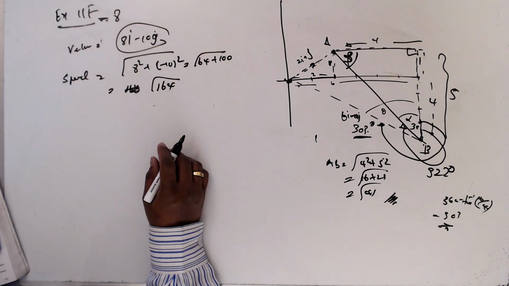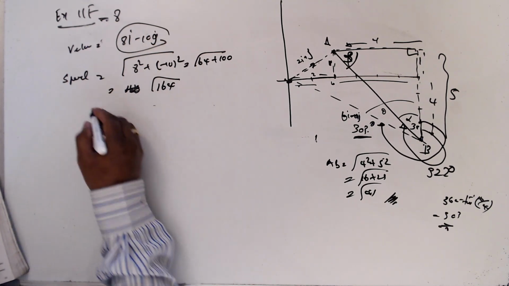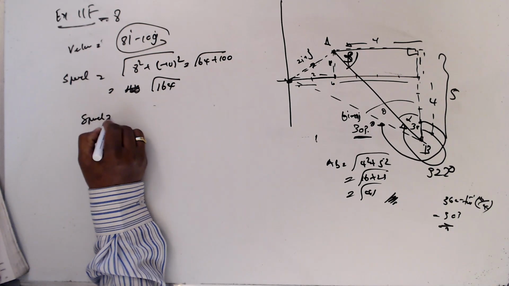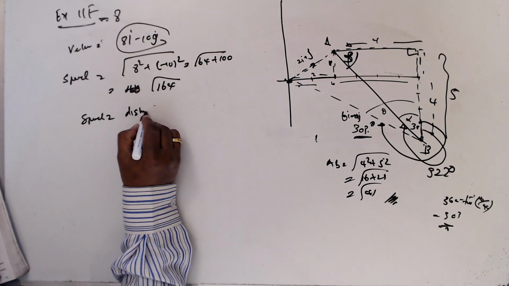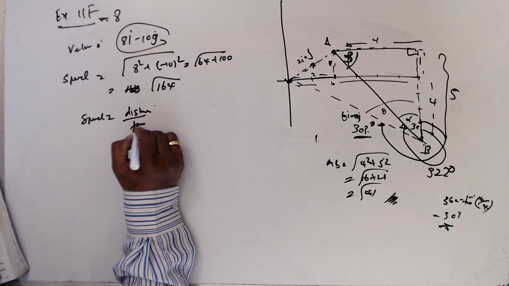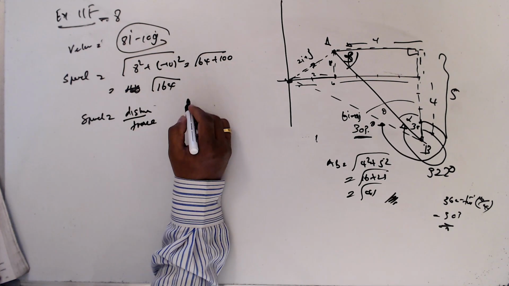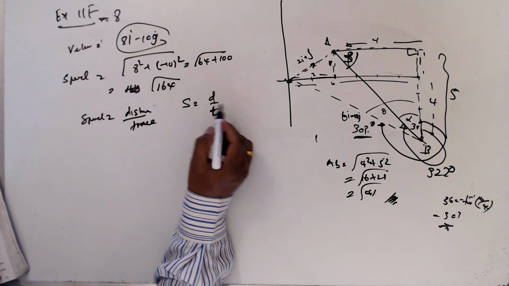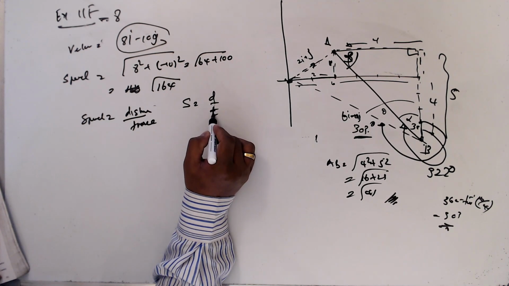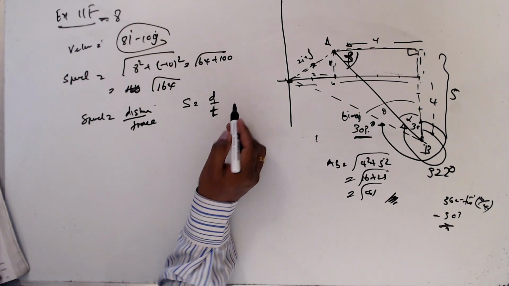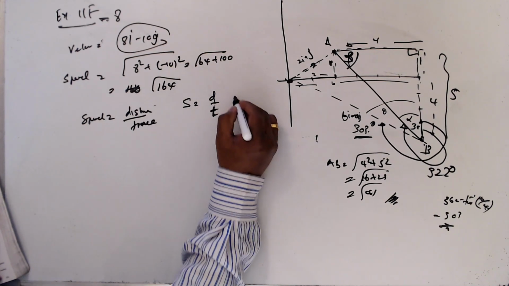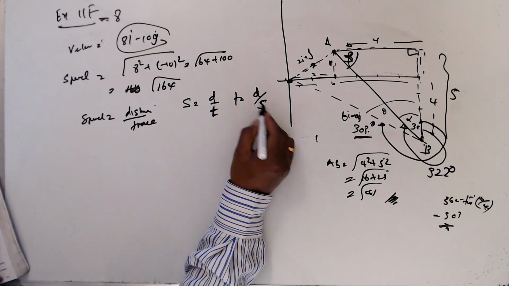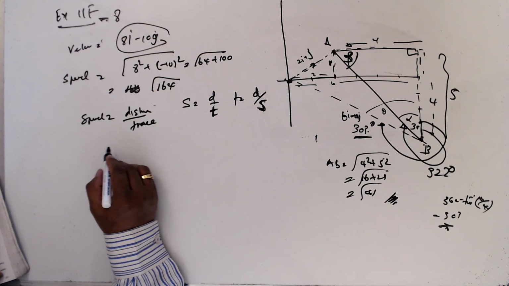Now we want to know the time. Speed means distance divided by time. Let's say d over t. Then t is d over s, distance divided by speed. So what is the distance?